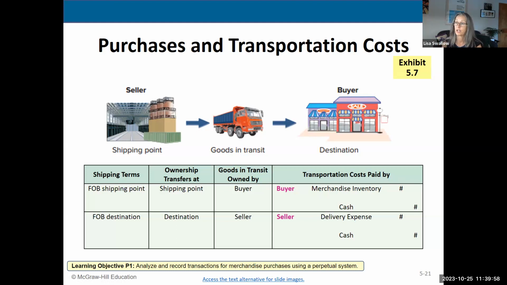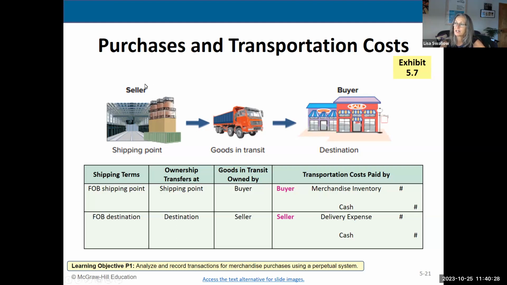Conversely, if in the negotiation between Michael's and the company selling the Halloween decorations, they said, we're going to buy all these Halloween decorations from you, but it's FOB destination, then free on board destination means Michael's does not need to pay. The company from China needs to pay. The shipping point needs to pay.